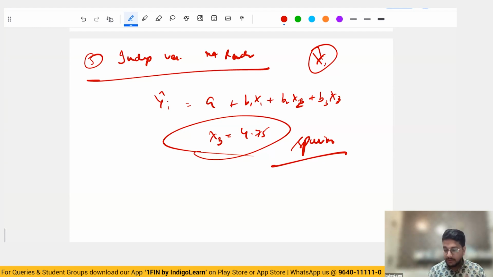So remember one thing very clearly, that these values x1, x2, x3 cannot have any sort of correlation amongst themselves also. Okay? Do you have the reading with you?